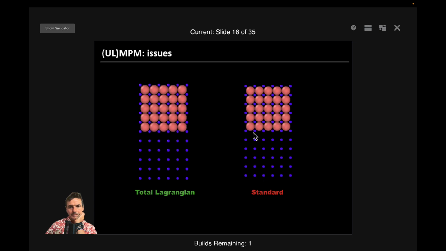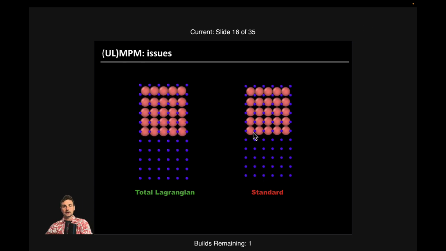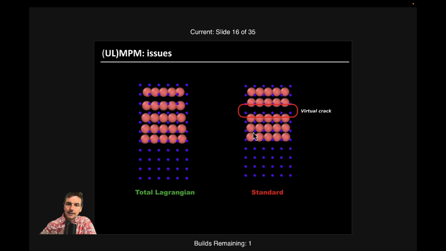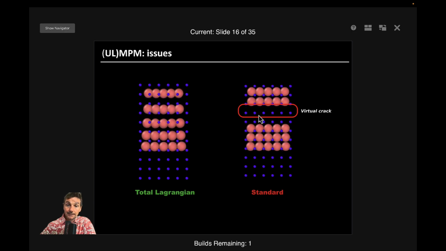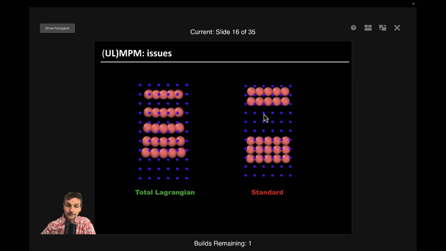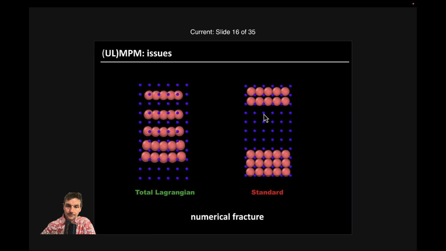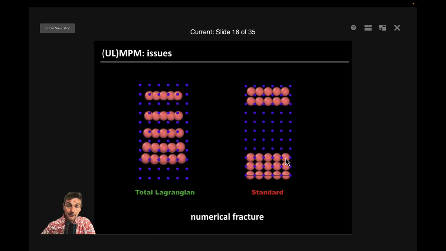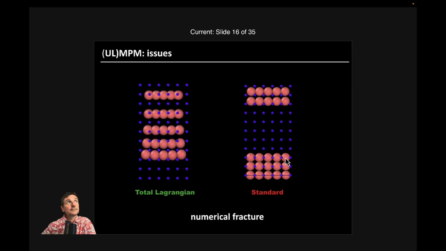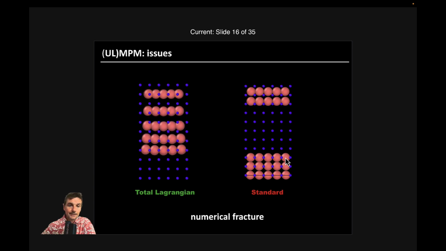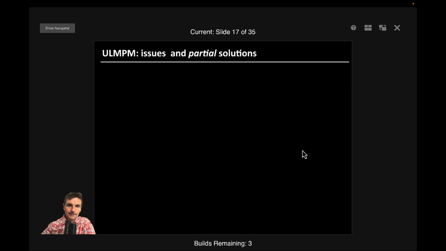And so this is what you actually do not want, right? So you have here this virtual crack, which should not happen. So this is known as numerical fracture, and this is very, very well known in SPH because it was known as tensile instabilities.